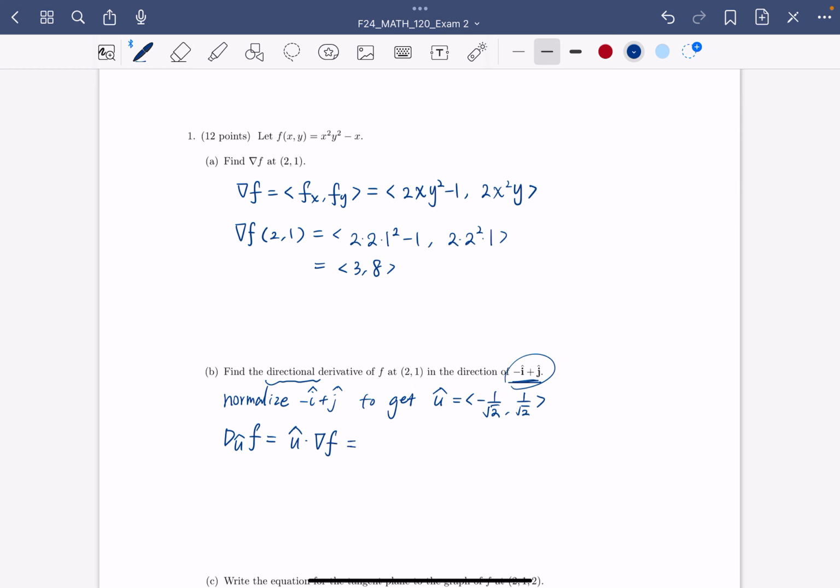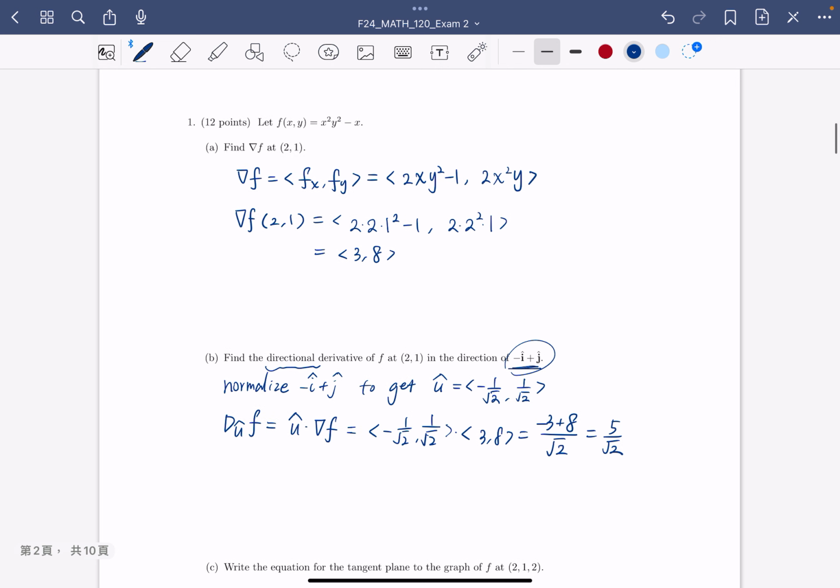And we've computed gradient f previously, in part A. So we put gradient f here, and then we get the denominator is square root of 2, and the numerator is 5. Okay.